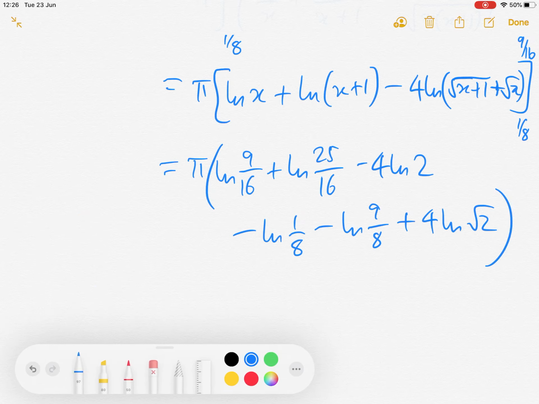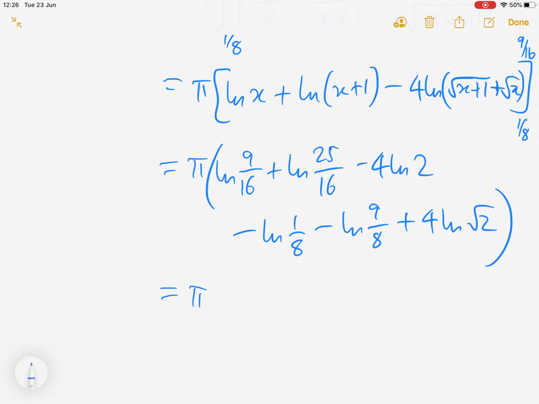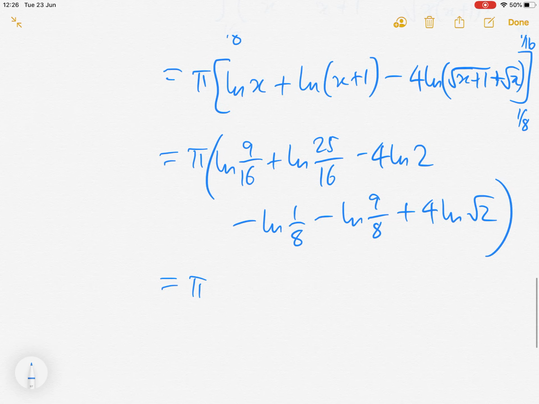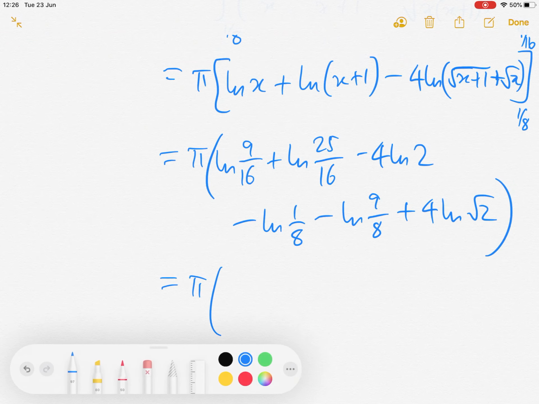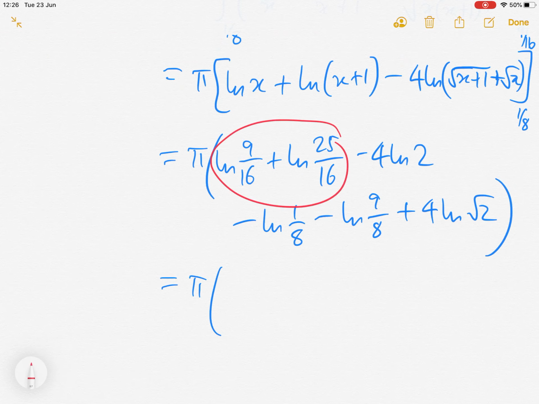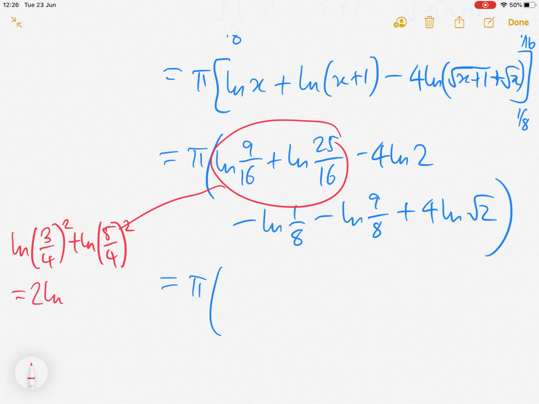So now this is equal to pi, and then let's combine the first two terms together. So maybe these two terms are log of 3/4 squared plus log of 5 over 4 squared. So this is 2 log of 3/4 times 5/4.